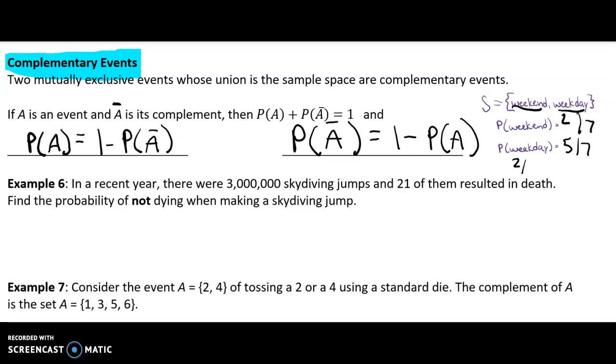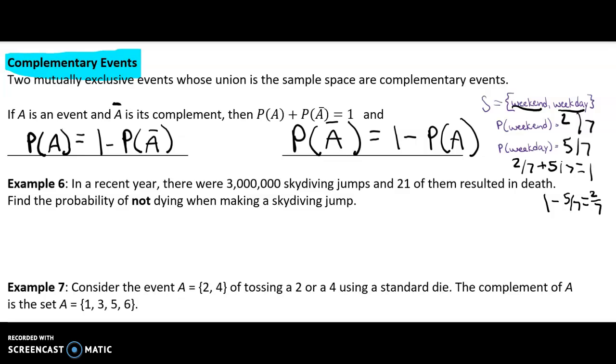When I add 2/7 plus 5/7, I get 1. So the sample space is made up of weekend and weekday, and their probabilities add up to 1. They're complementary. If I take 1 minus 5/7, I get 2/7.